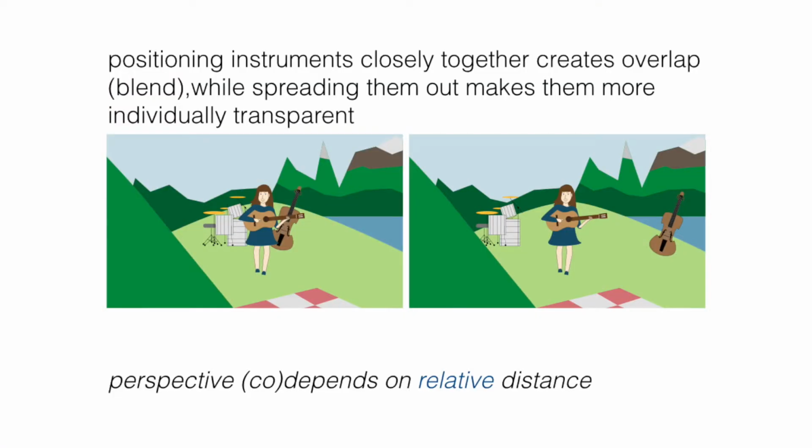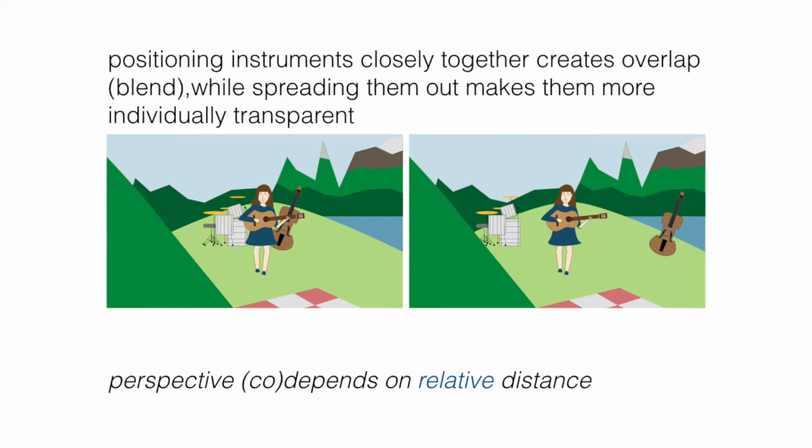Even if you decide not to use any depth of field, so all the sources are located at the same distance from the listener, you can still have differences in distance between them, but then in the horizontal plane. So I'm talking about the amount of spreading between sound sources here. The mechanism is illustrated in these images. You can see in the left image that everything is spaced closely together, so elements overlap quite a bit.